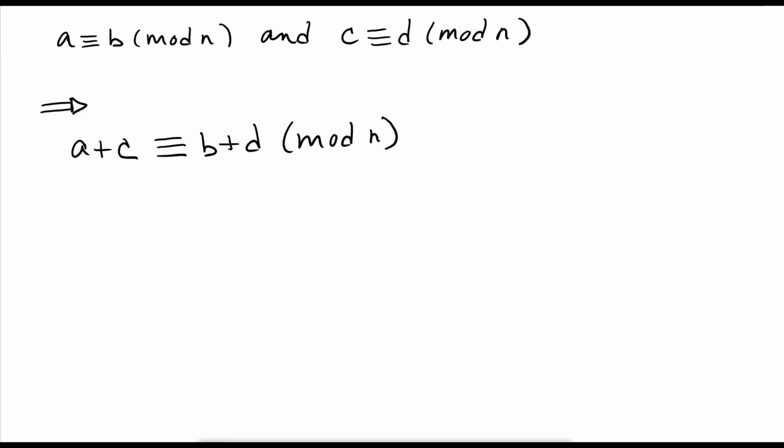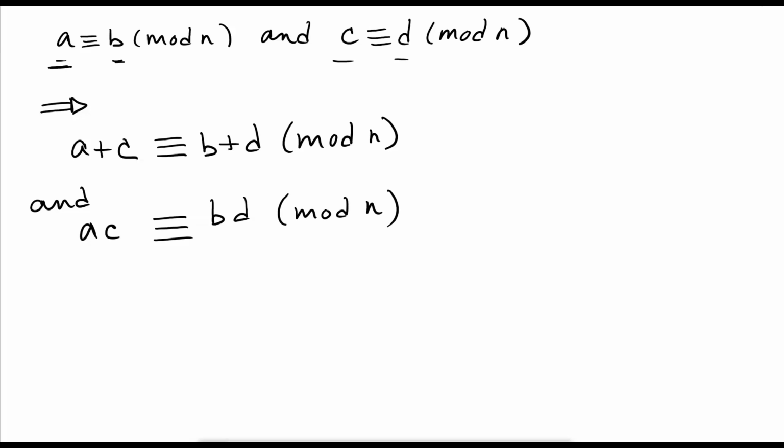It also means that if I were to multiply two things that are congruent, like A is congruent to B modulo n, and C is congruent to D modulo n, well, A times C has to be congruent to B times D modulo n. Again, the proof is in the book, but let's go on and just do a couple of examples.